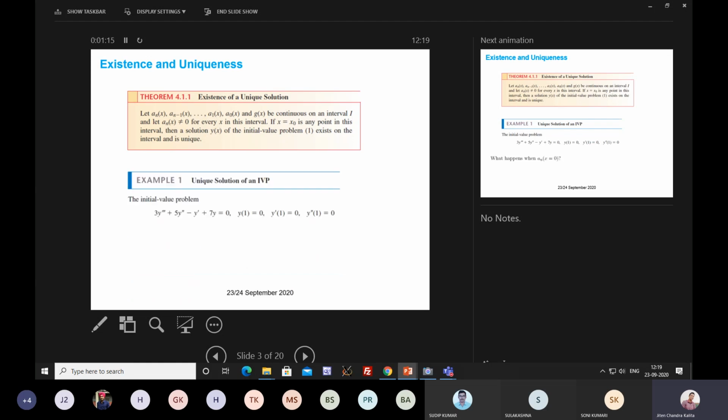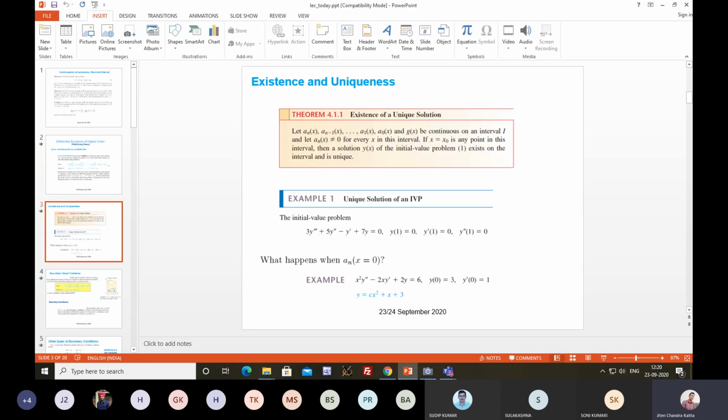Now let me come to this problem that you can see written there. It's a pretty straightforward equation: 3y triple prime plus 5y double prime minus y prime plus 7y equal to 0.